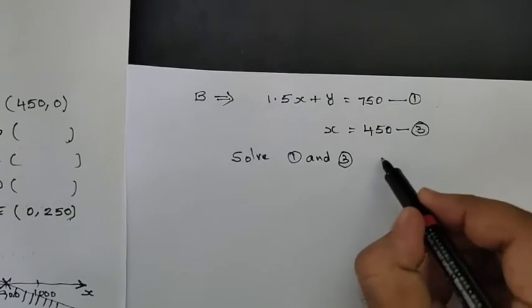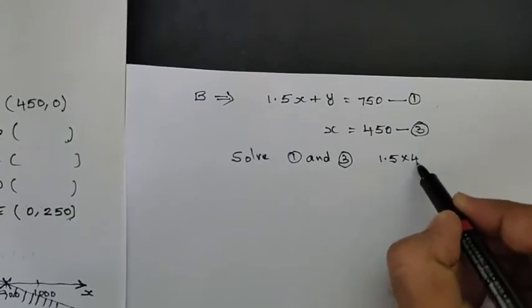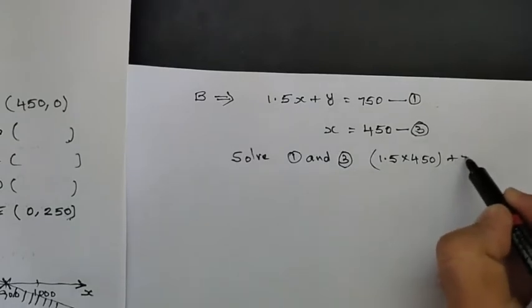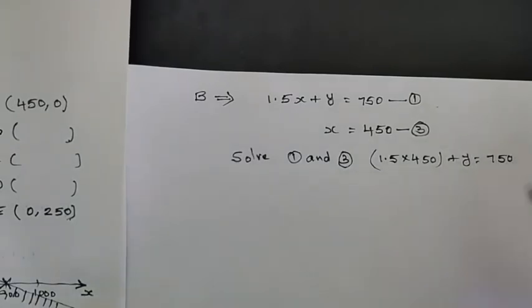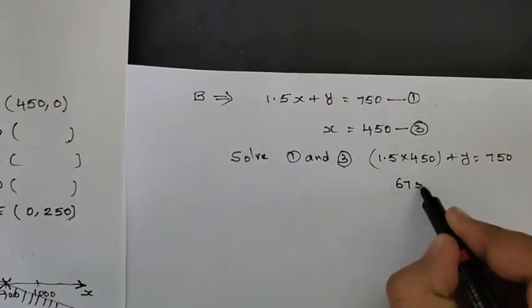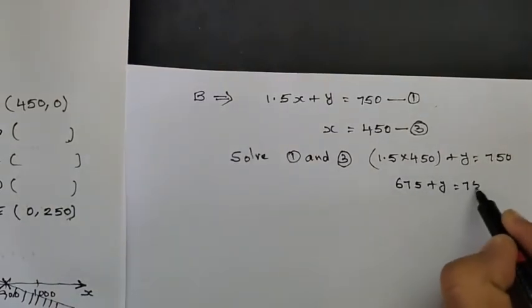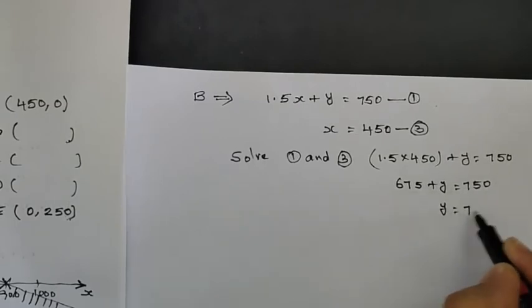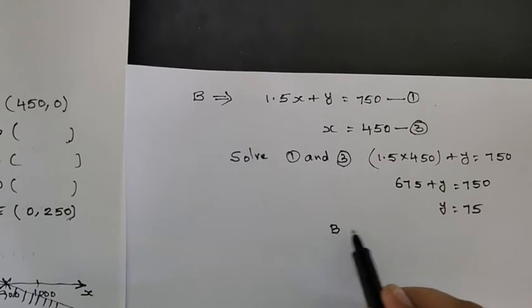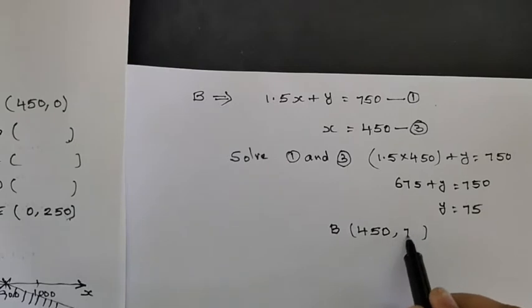Now substitute that: 1.5 into 450 plus y is equal to 750. So 1.5 into 450, how much? If you take your calculator, you can calculate. That equals 675 plus y is equal to 750. So y is equal to 75. So if you write the value of x and y as a vertex, x is 450 and y is 75. So now the value of B we got.